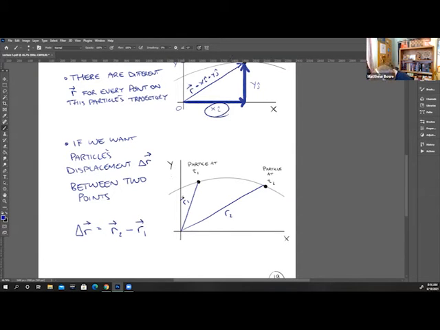These are vectors, so let's make them arrows. So it's the difference in these 2 position vectors. By doing that, we are basically finding this vector, and that is delta R.